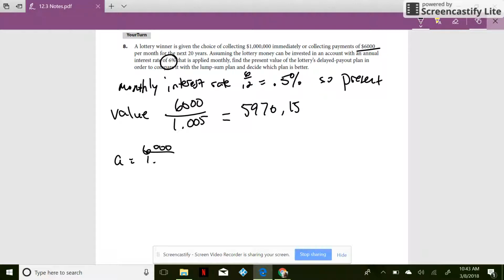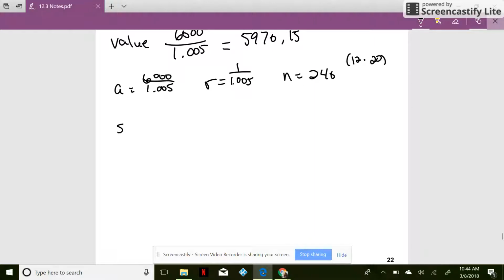6,000 divided by 1.005. Our interest rate, our common ratio, is 1 over 1.005. And so then our end value, how many times this is going to happen, is 240. That's coming from once a month times 20 years.